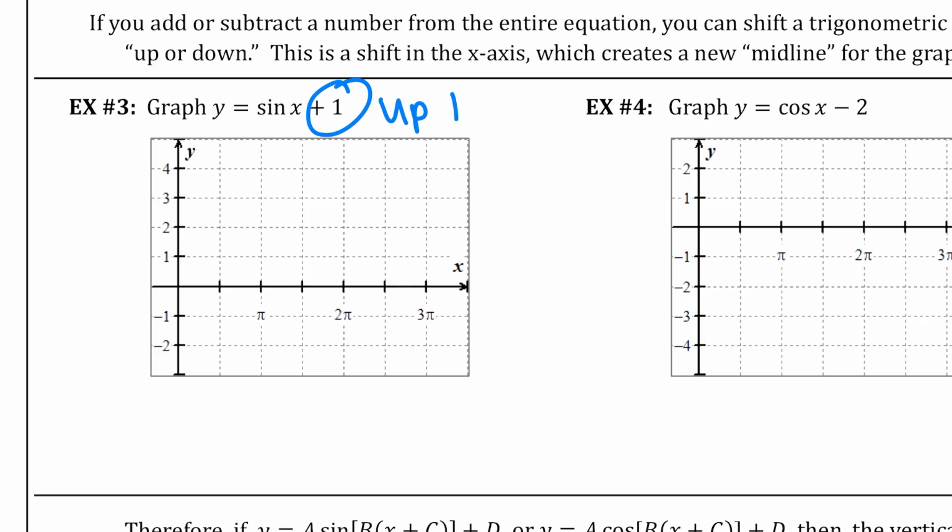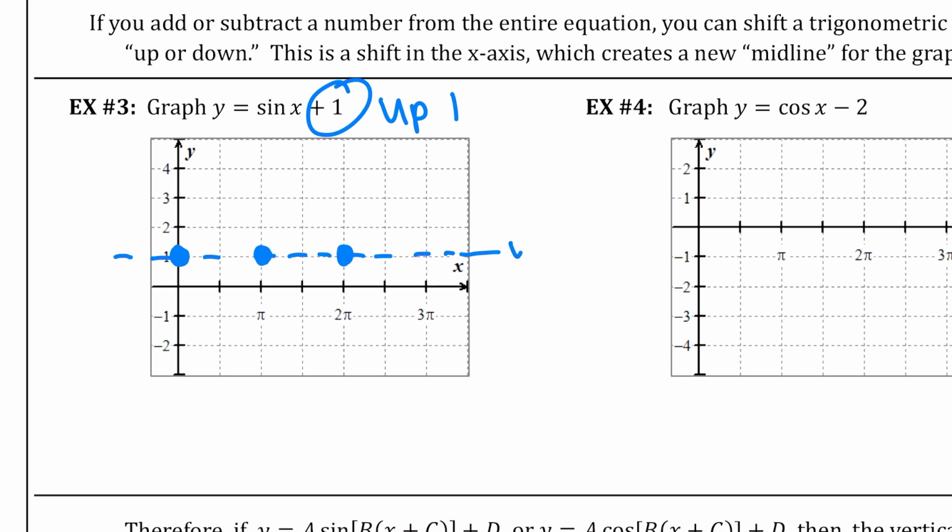So sine always starts at an intercept, but since our midline is now not the x-axis, we're actually going to need to start at 1 right there. And then this is just a normal sine graph, so that means our period is going to be 2 pi, so I'm putting my end dot there. And I know that we're going to have another intercept here.